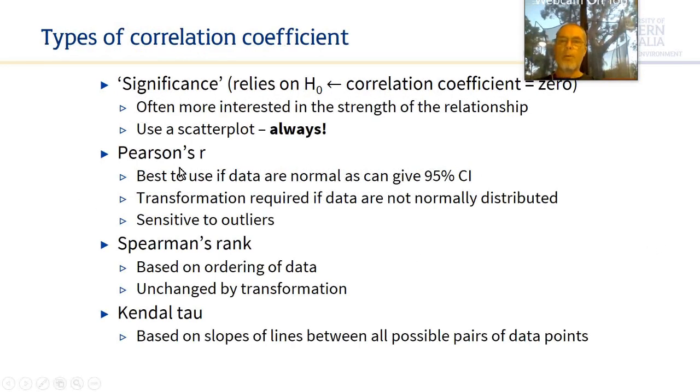Okay, so types of correlation coefficient. The one that we're used to calculating is Pearson's R, and that's kind of the default that is used in things like Excel to look at correlations.